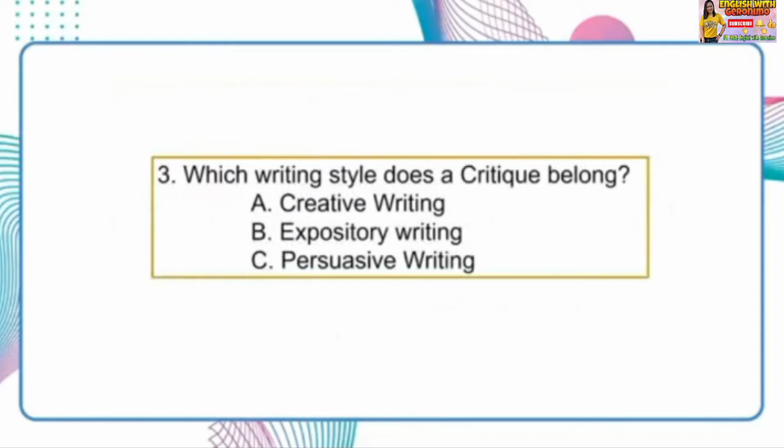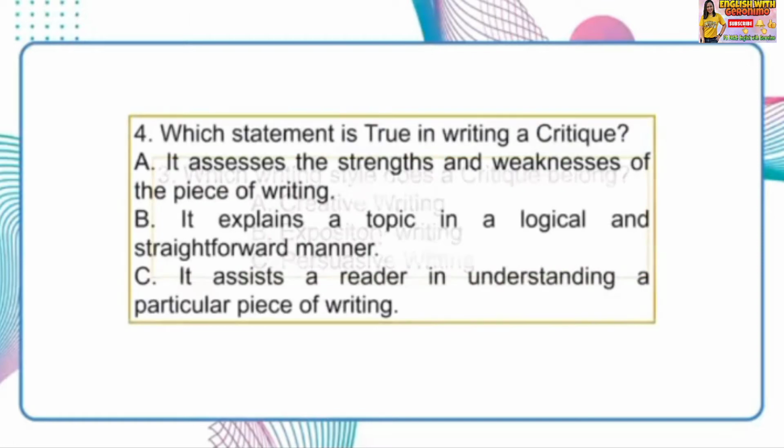Number 3. Which writing style does a critique belong? Letter A. Creative writing. B. Expository writing. Letter C. Persuasive writing. Number 4. Which statement is true in writing a critique?